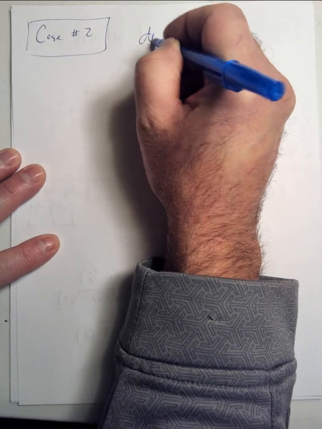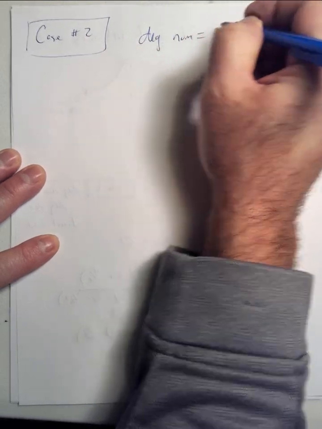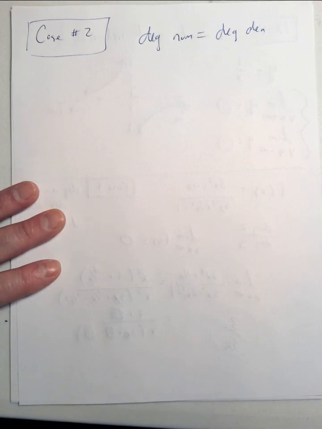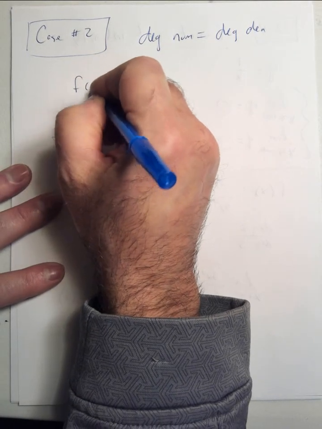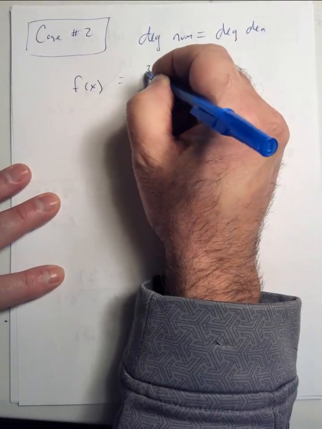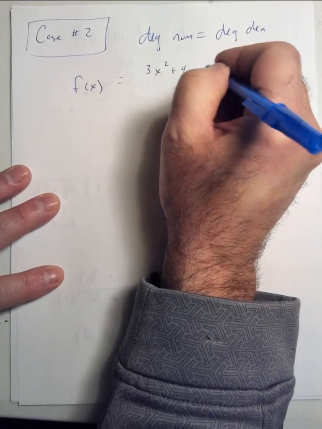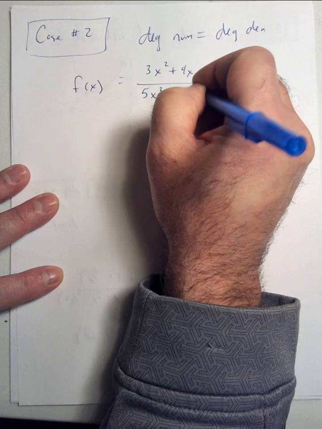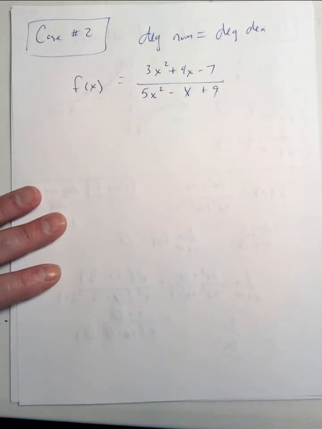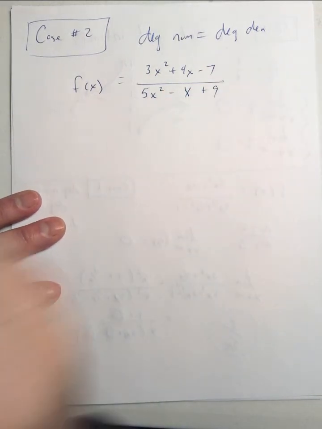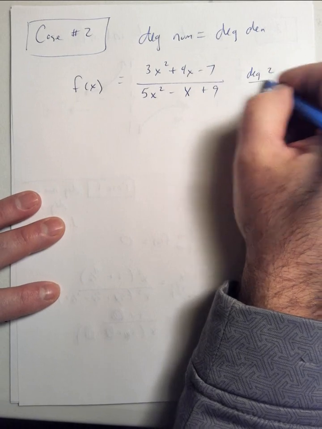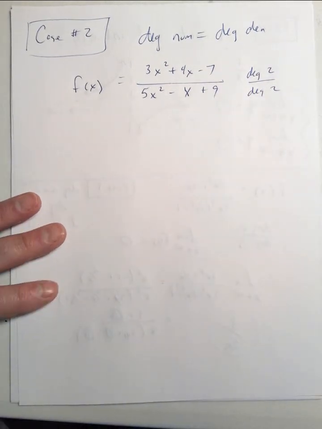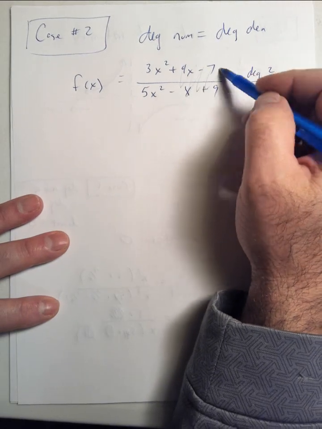What happens when the degree of the numerator is equal to the degree of the denominator? Using that same logic, let's say we have 3x squared plus 4x minus 7 over 5x squared minus x plus 9. We notice that the degree on top is 2, the degree on the bottom is 2, and with all polynomials, that doesn't matter.